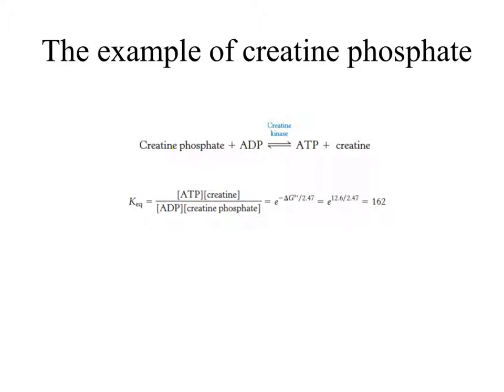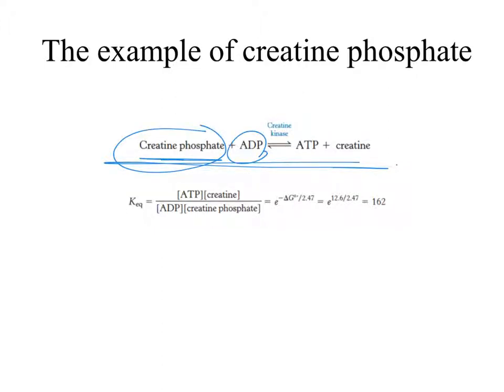And these groups can be transferred to ADP in order to form ATP when ATP reserves are gone. We have our creatine phosphate and our ADP. That creatine phosphate is going to transfer that phosphoryl group to ADP to produce the ATP, and creatine is left.